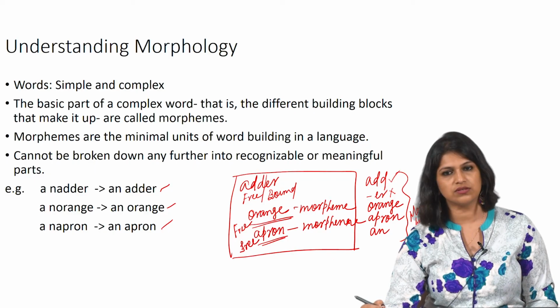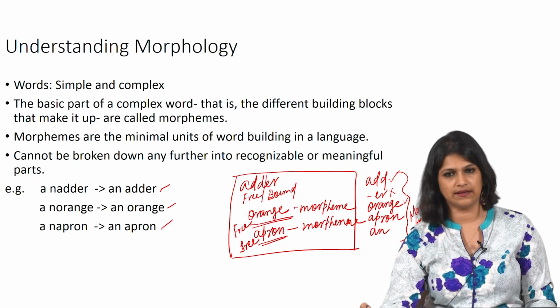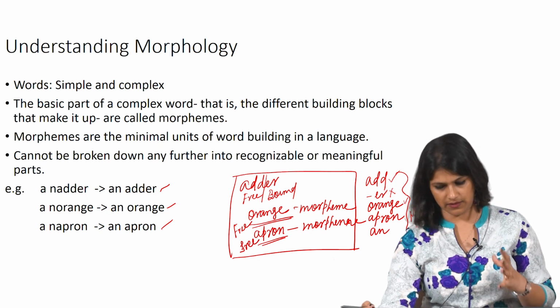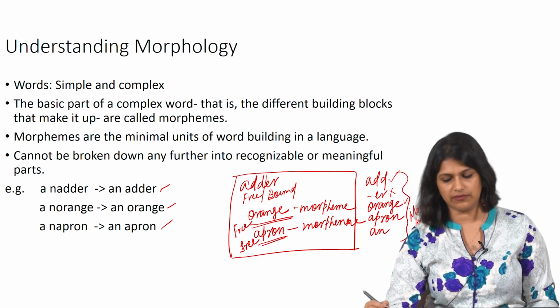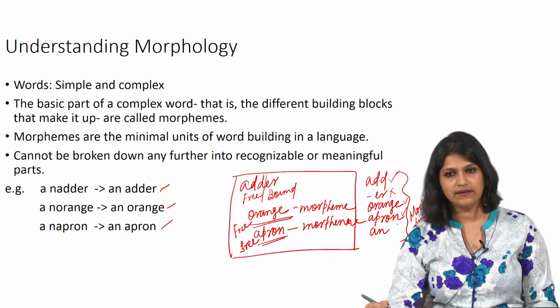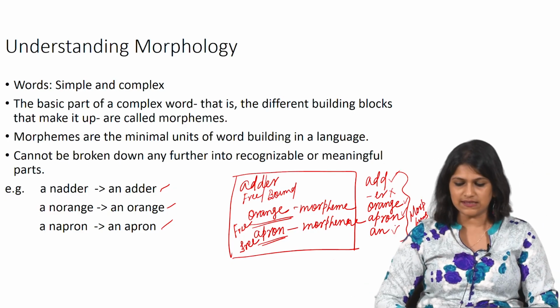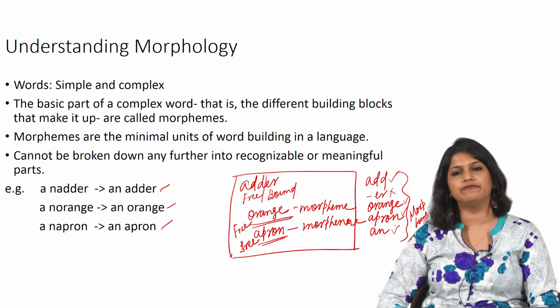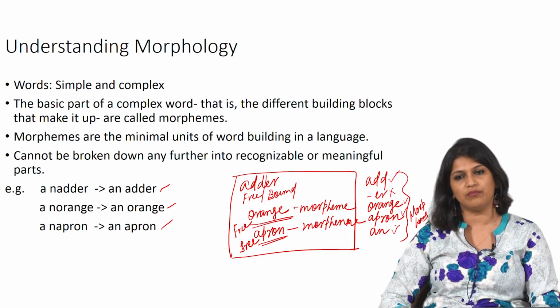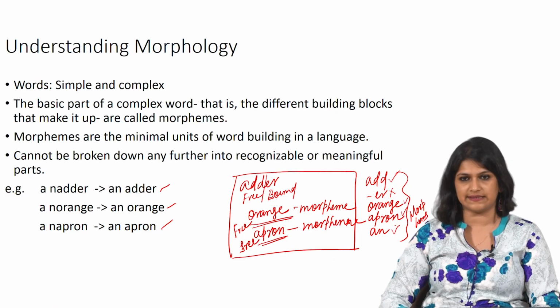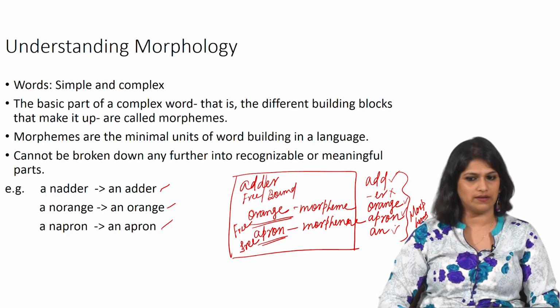How about orange? Does it have a word status? Yes, it has a meaning, a complete meaning. Apron, does it have word status? Yes. And an, does it have word status? Yes. So now let's do some analysis. So this set of 5 examples of morphemes, we call it an empirical data set. In this empirical data set of 5 examples, one is a morpheme but not a word.